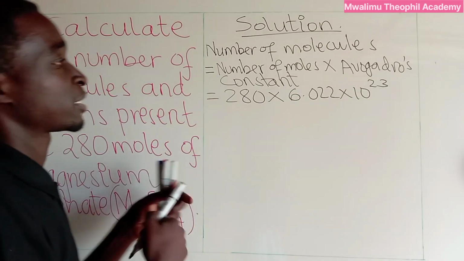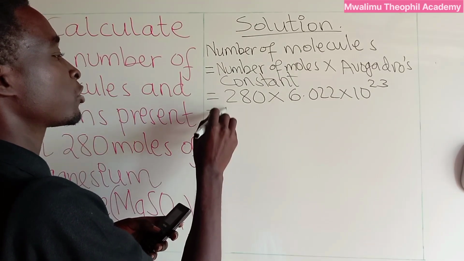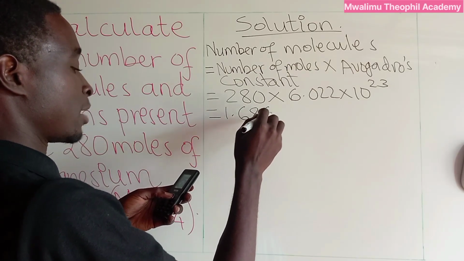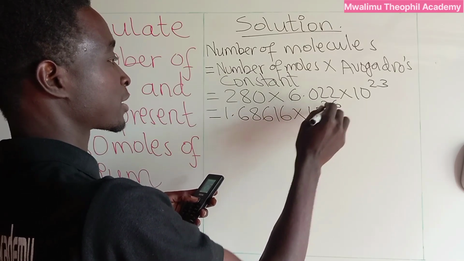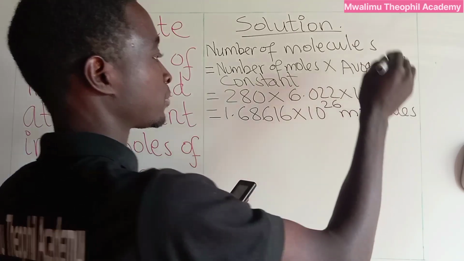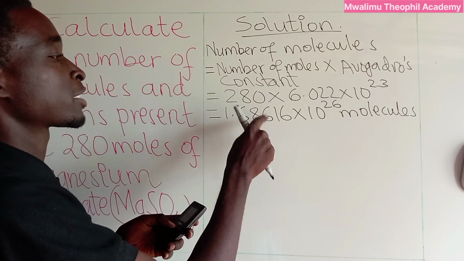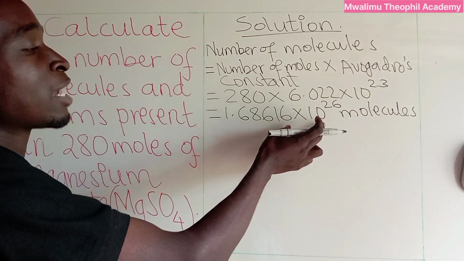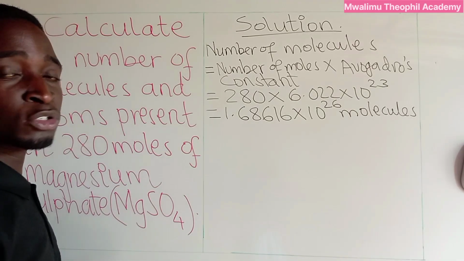Let us compute. After computing, you get that the total number of molecules is equal to 1.68616 times 10 raised to 26 molecules. After we've obtained the number of molecules, now we can find the number of atoms.